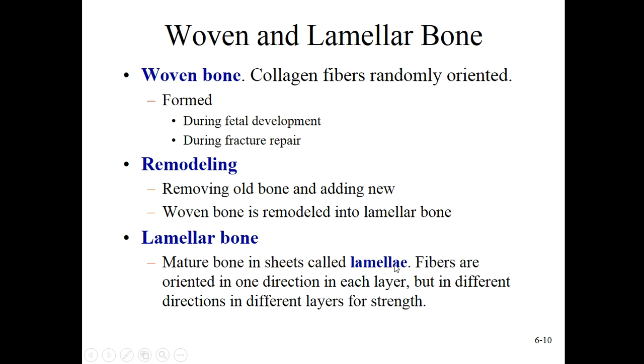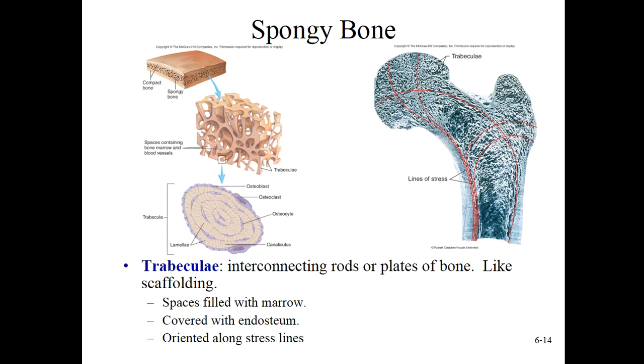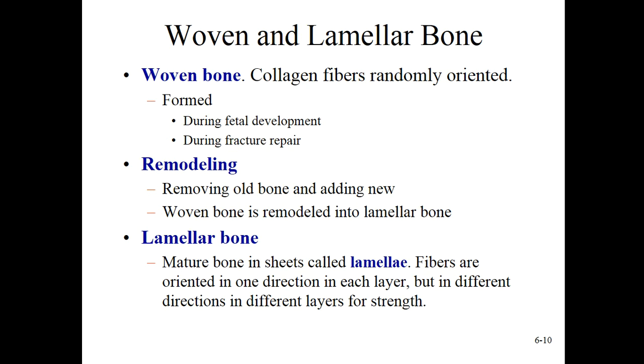A lamella is a layer, and we see that this makes a nice solid little layer of bone, and then depending on if we make it in a loop or in a little wiggle, it's going to show us this, either compact bone, where the layers are very dense and there's hardly any space between them, or in spongy bone in the interior, where the layers form these little plates called trabeculae. Let me come back to that in just a few minutes.